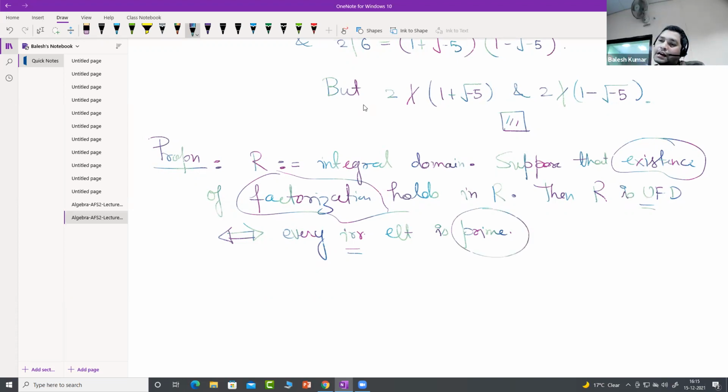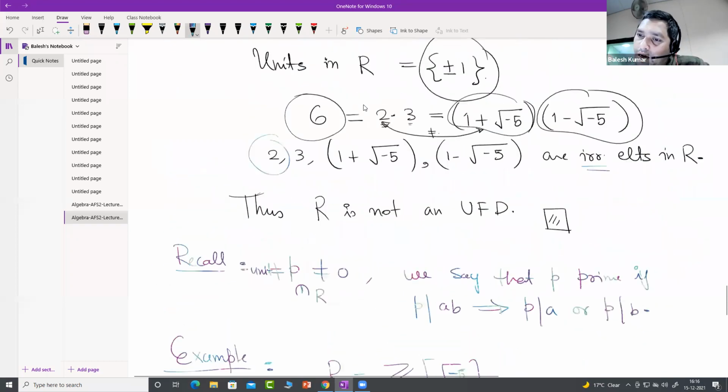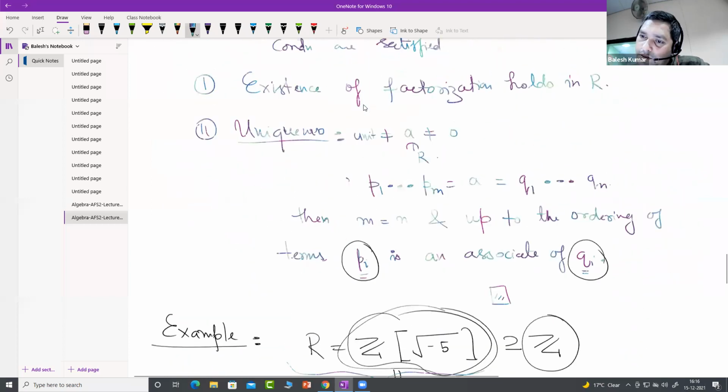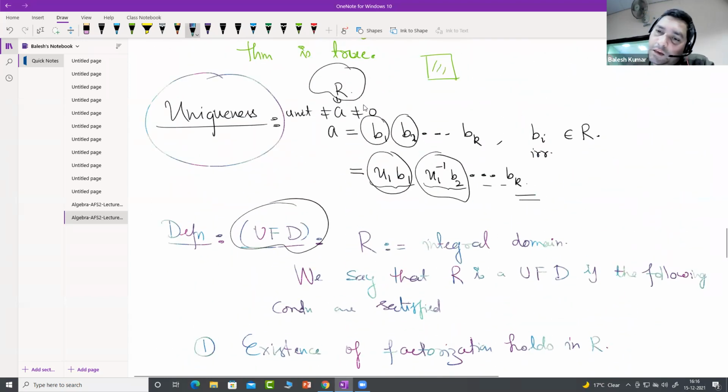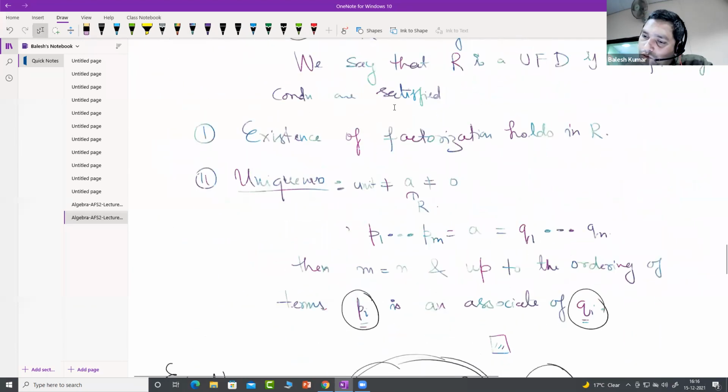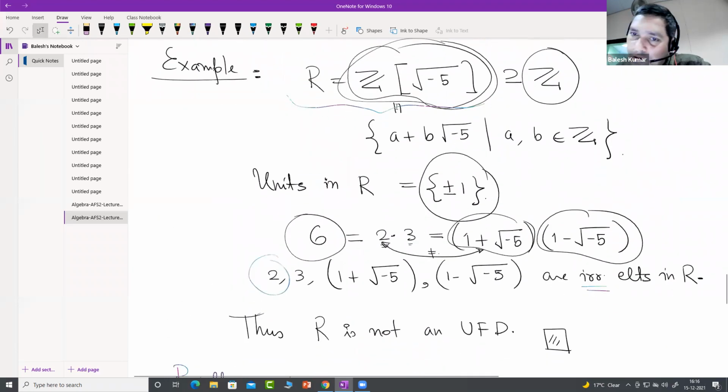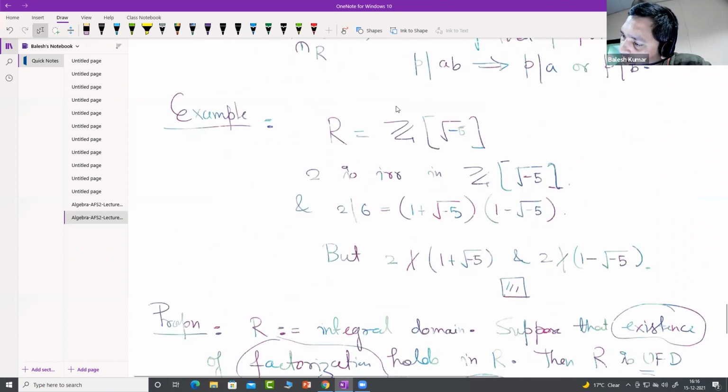That means irreducible elements and prime elements are the same. So this is a characterization or equivalent condition about the uniqueness that we have discussed. I will skip the proof of this proposition, but of course it is also not very difficult.